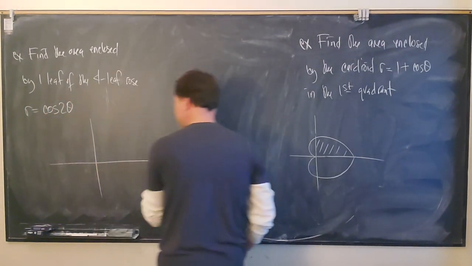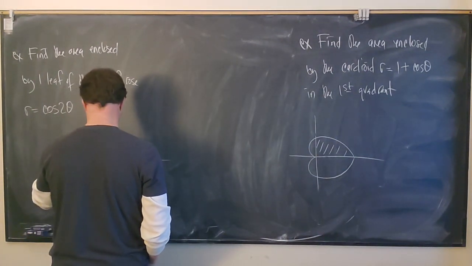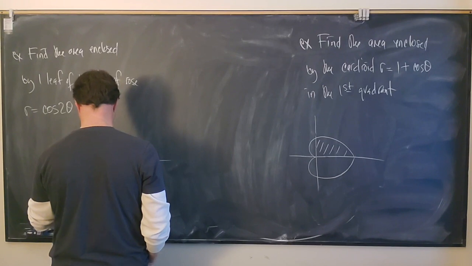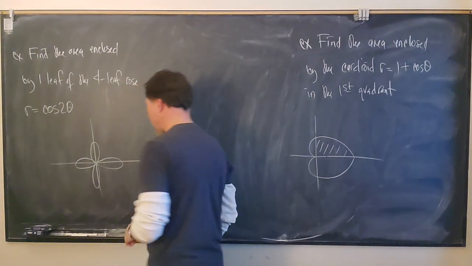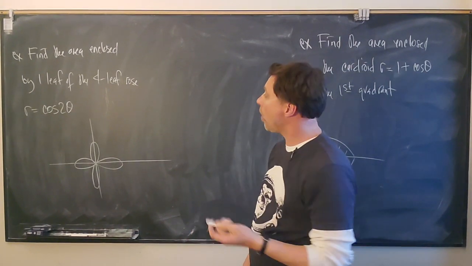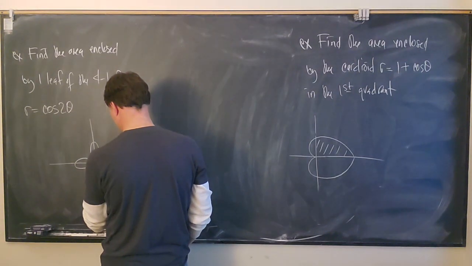Now, we already sketched this one, so I'm just going to re-sketch it without going through the process. All right, so remember this one looks kind of like a four-leaf clover. And so we want to find the area enclosed by one leaf. So we could choose this one if you like. Sorry, I didn't make this very symmetric looking.